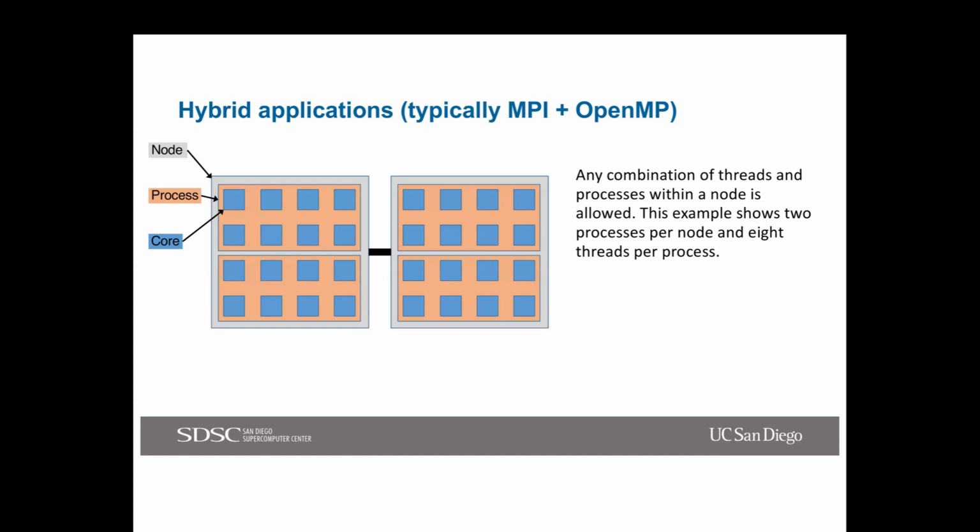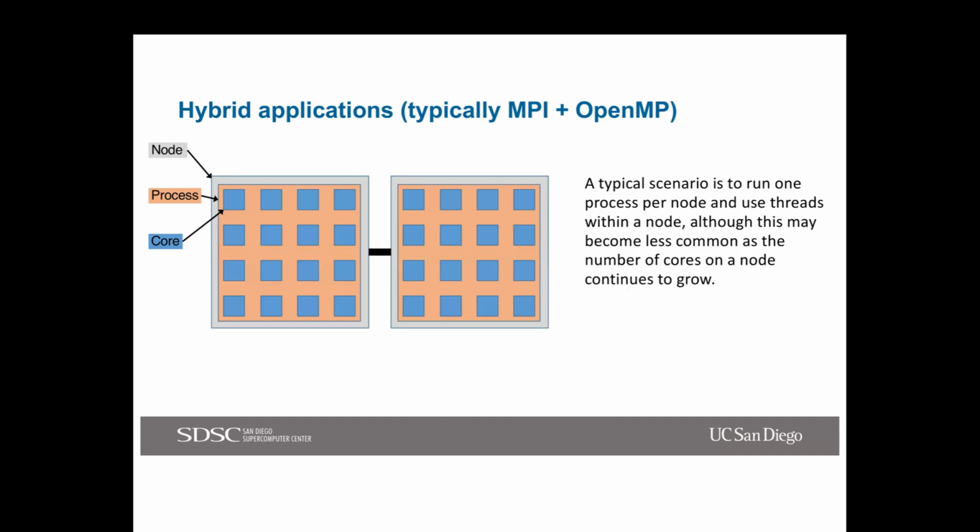But for any given application, how to distribute the processes versus the number of threads will be different depending not only on the application, but on the underlying hardware architecture of the node itself.